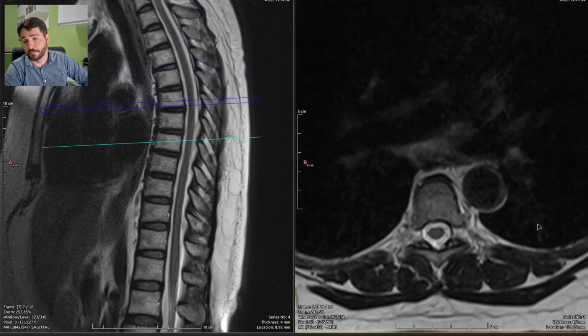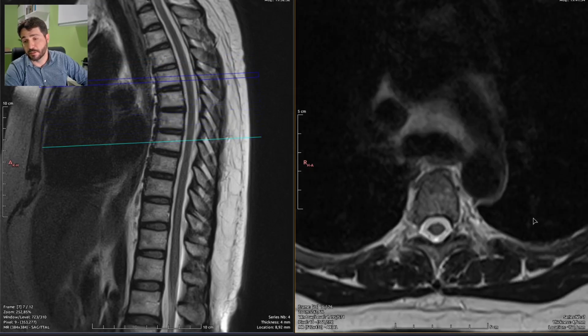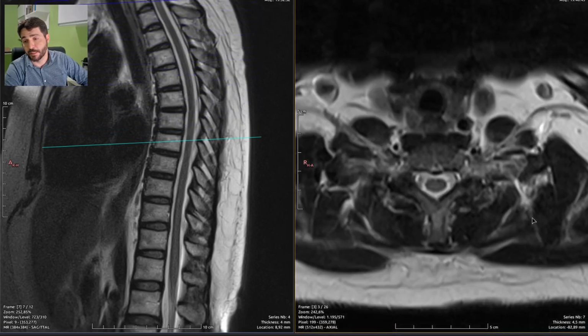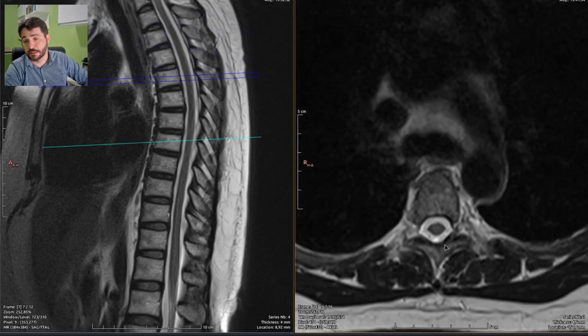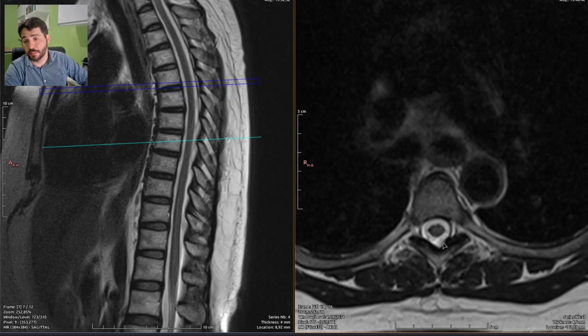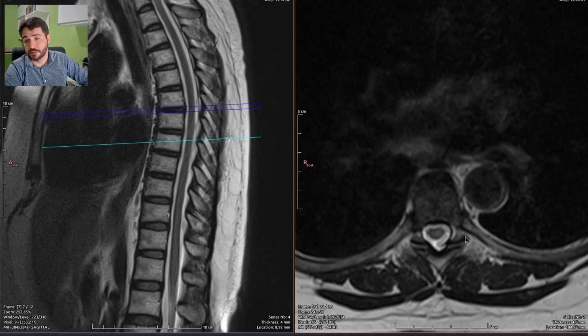So this makes the axial view a bit more anatomical. So there are no protrusions, no bulging discs. There is a mild arthrosis indeed on facet joints, and let's see.